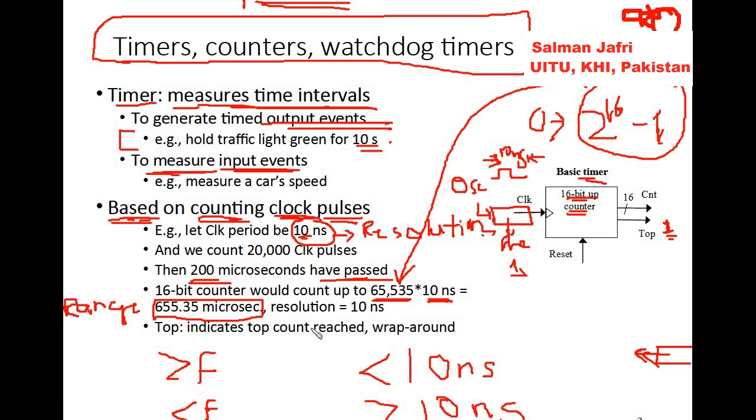Now let's look at some important things that we can do, right? If we increase the frequency, the time period would decrease, and since the time period would decrease, the range would decrease.